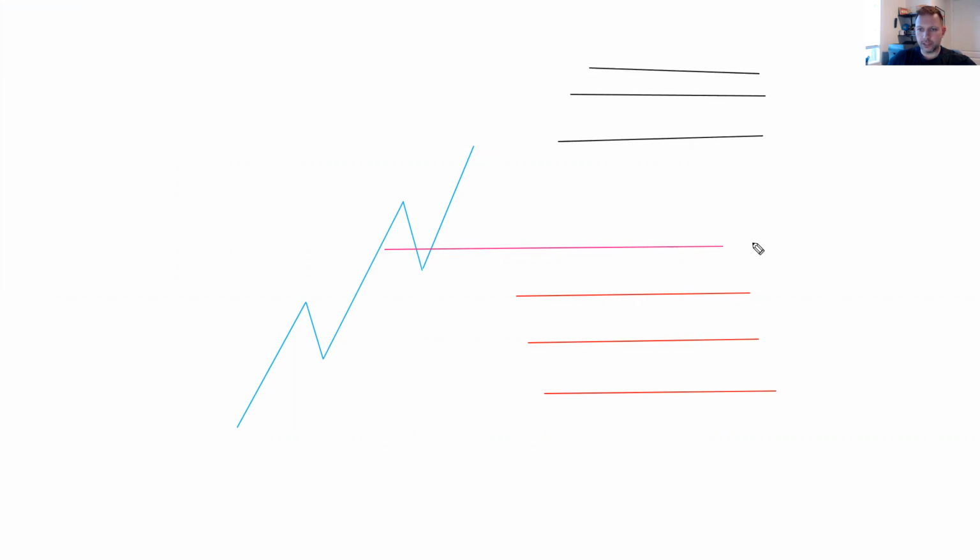Okay, so this is a pivot, and this would become resistances, and this would become supports, S1, S2, S3. Classical way of calculation. The assumption is if the price comes to these areas here or the support, it would bounce, and if it goes to the resistances, it would resist and turn around.